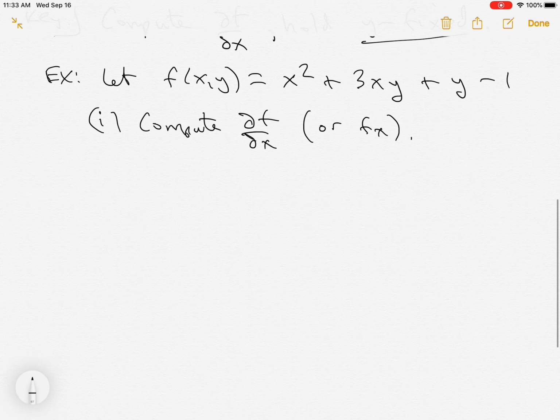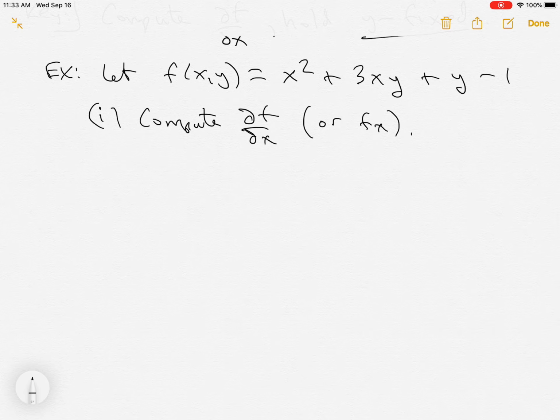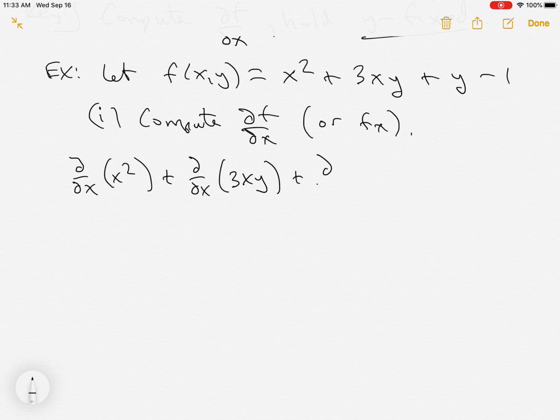All right, so writing down all the steps, I'm looking at the right-hand side of this equation. So I take the partial derivative with respect to x of x squared, plus the partial derivative with respect to x of 3xy, plus the partial derivative with respect to x of y, minus the partial derivative with respect to x of 1.